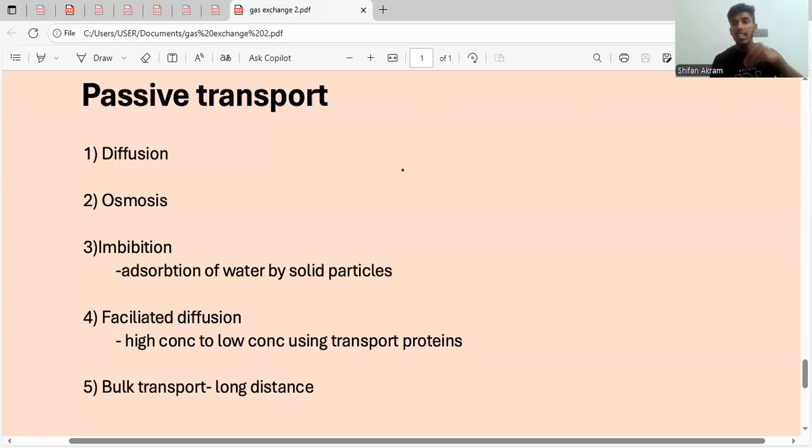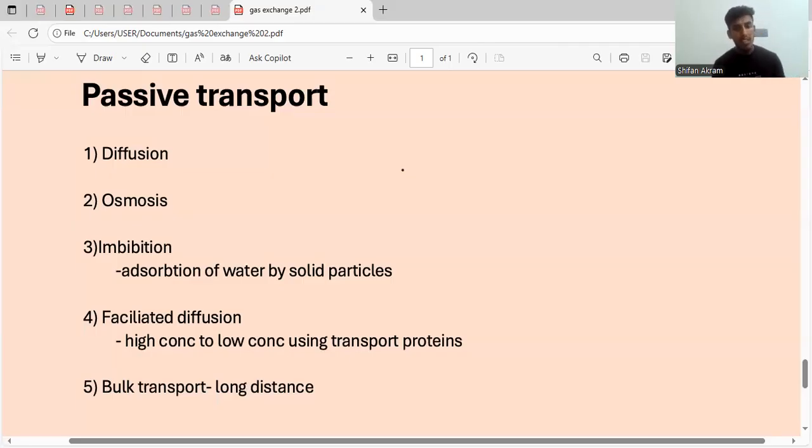Even though water doesn't enter the cell fully, water travels to the molecules on the surface and causes it to swell up. This is really helpful in certain situations, such as causing the seed to burst open and induce seed germination. That is one of the places where imbibition is involved.